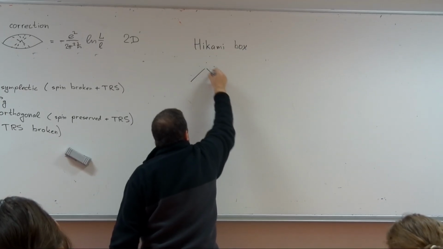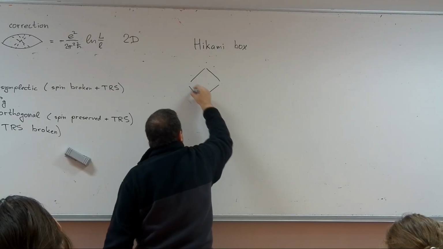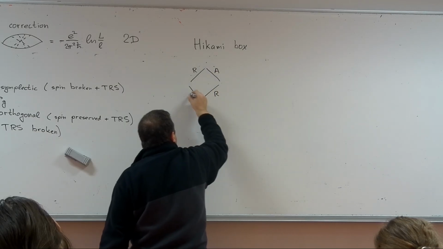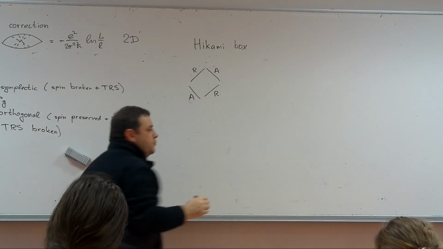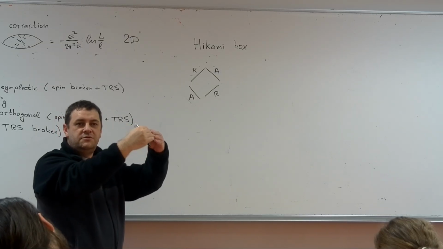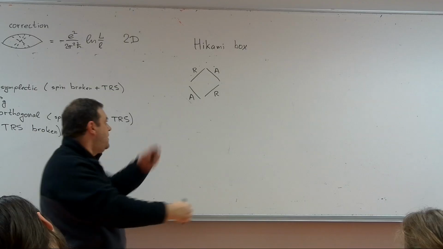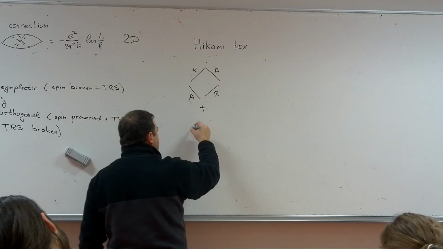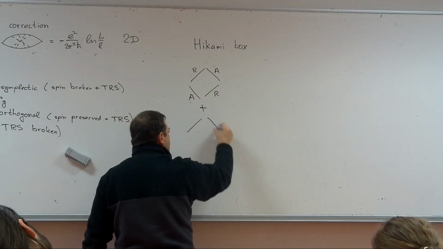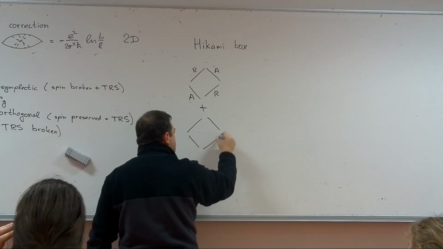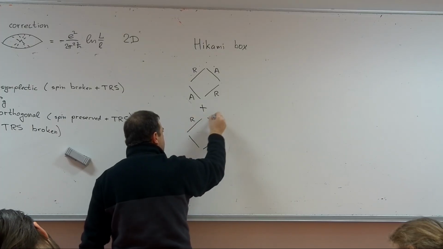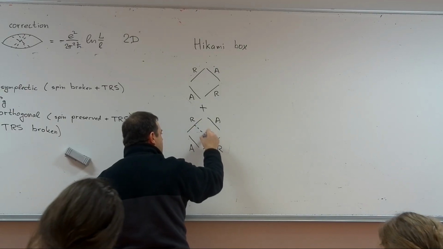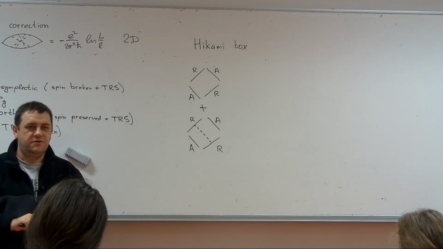this diagram with four Green functions, retarded, advanced, plus, since Hikami is Japanese, I will write vertically, plus one other diagram, which is retarded, advanced, with one extra impurity line inserted this way.